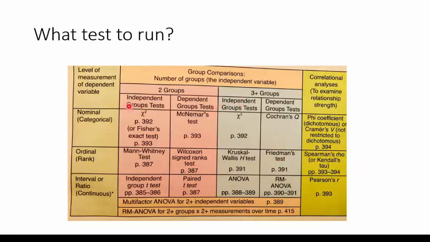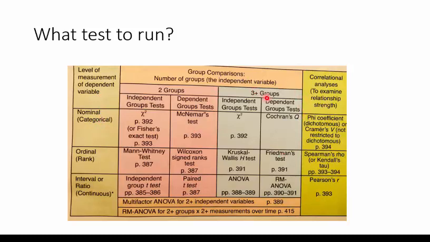So we will start with what is our dependent variable. So our dependent variable was alcohol consumption, and it was ordinal. Our independent variable was ethnicity. So we go to these columns here for independent variable. This is only dependent variable. These are all the independent variables.